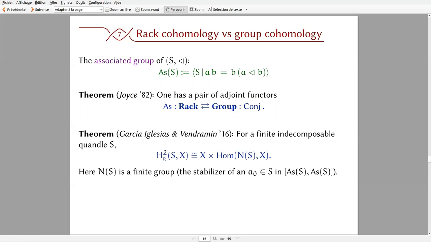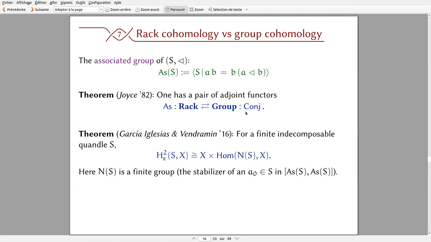And they can be very helpful if you're interested particularly in computing the cohomology of your quandle. A very nice precise result of Garcia Iglesias and Rudman tells you the following. If you take a quandle which is finite and indecomposable, by indecomposable I mean that if you consider all the right translations and the orbits under all the right translations, you get only one orbit.